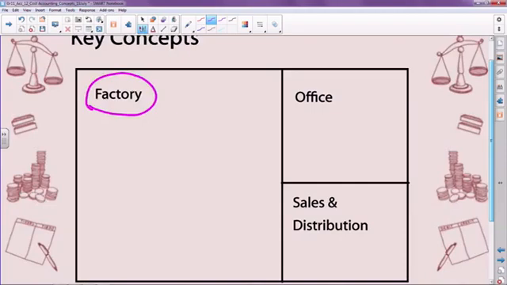Then we got a certain section of the office where all the admin, okay, and the paperwork is done, right? And then another part of the premises where the selling and the distribution of the products take place. Right, now why am I drawing this for you guys?